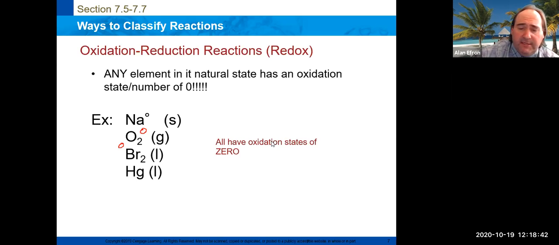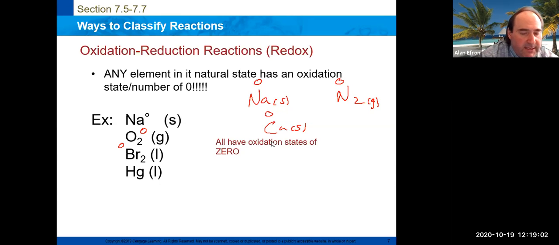Like if you pull just sodium metal like we see here off of the periodic table, it is a solid. It has no charge. If you pulled calcium metal off the periodic table, it has no charge. If you had nitrogen gas the way it normally comes, not combined with any other element, it's going to be 0 in terms of its oxidation state. So things, again, in their natural state, uncombined, will always equal 0.